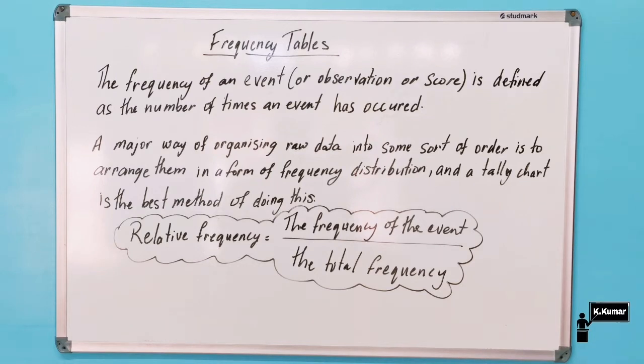So the frequency of getting a 6 would be 8, and the total frequency would be how many observations you have, or the frequency of all the other observations. So you're dividing the frequency of that event by the total frequency.